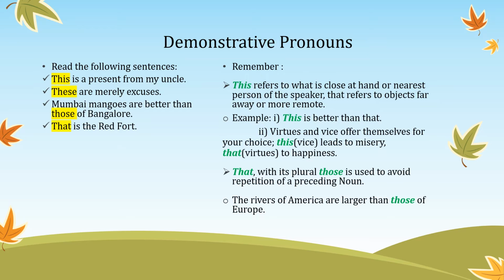So rivers is a plural word which is referred to by the demonstrative pronoun those, compared to that of Europe. Instead of using that in this sentence, since it is plural, those is used, and a comparison is made of two different places.